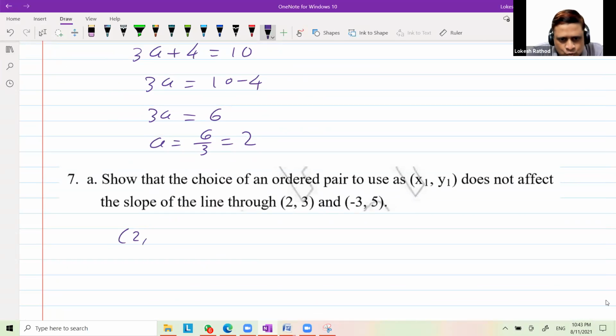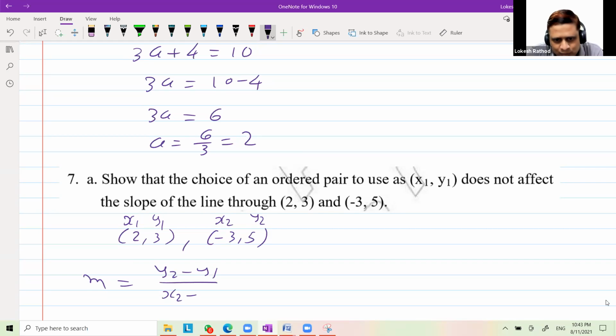First I take (2, 3) and (-3, 5). So slope is change in y coordinate. Suppose I am taking this x1, this y1, this x2, this y2. So this is y2 minus y1 over x2 minus x1. Correct? So that is 5 minus 3 over -3 minus 2, which is 2 over -5 or -2 over 5.